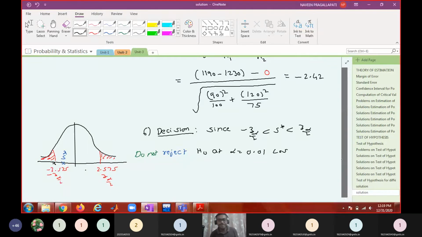Is this okay? So when you change the level of significance, your decision may change.